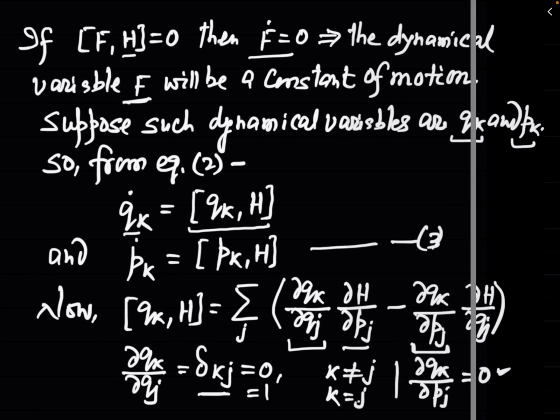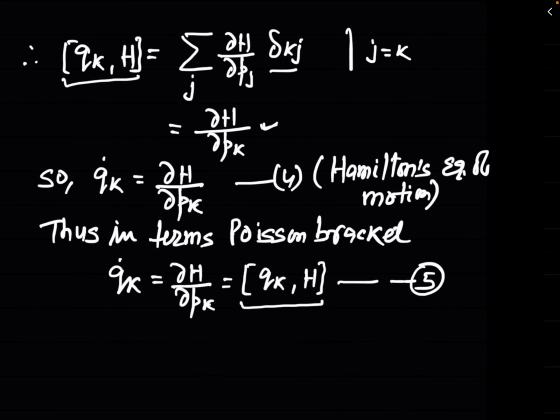Now we will evaluate the second Poisson bracket in equation 3, that is the Poisson bracket of Pk and H. Let us evaluate it.